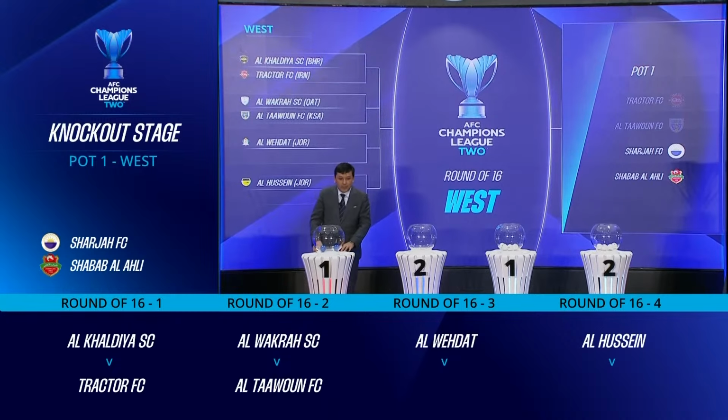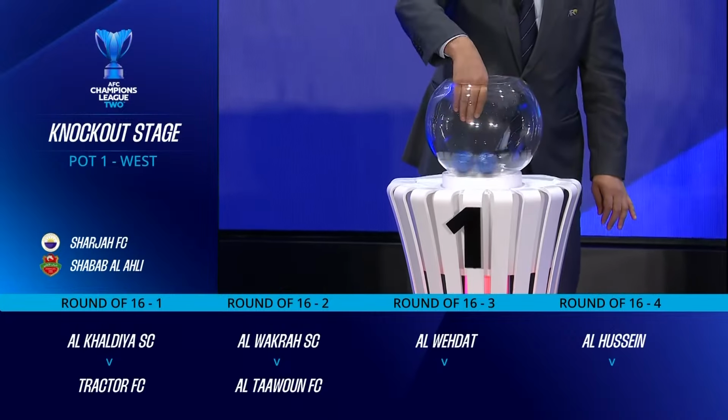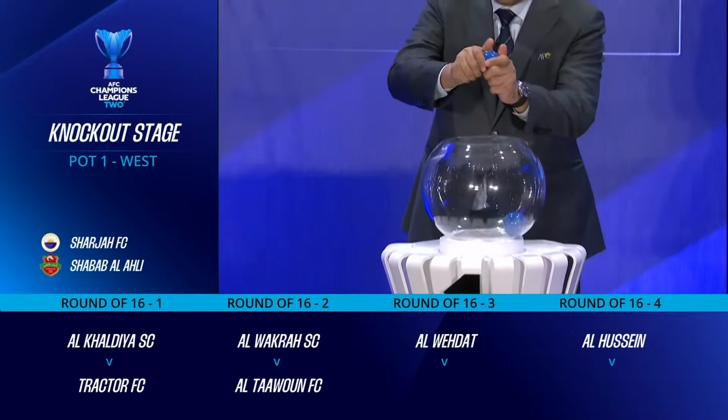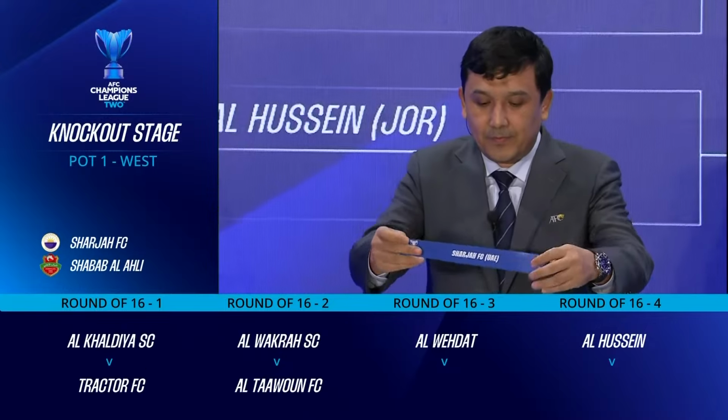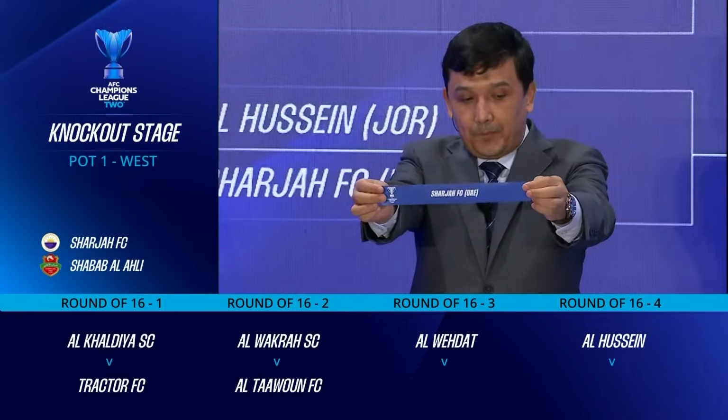Two clubs remaining. We have two clubs from the United Arab Emirates, and they will be paired against the clubs from Jordan. Sharjah Football Club.